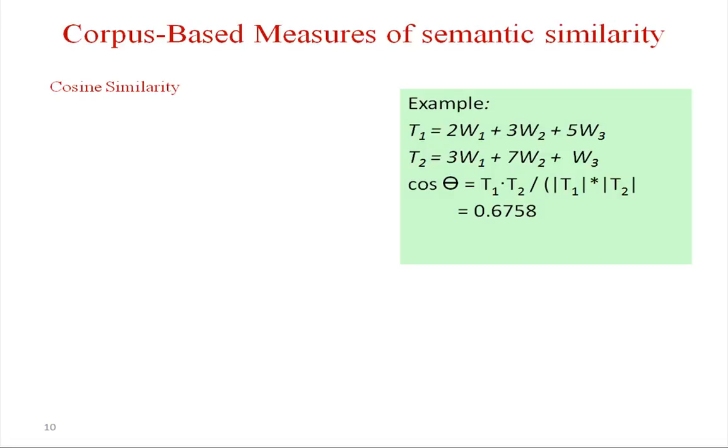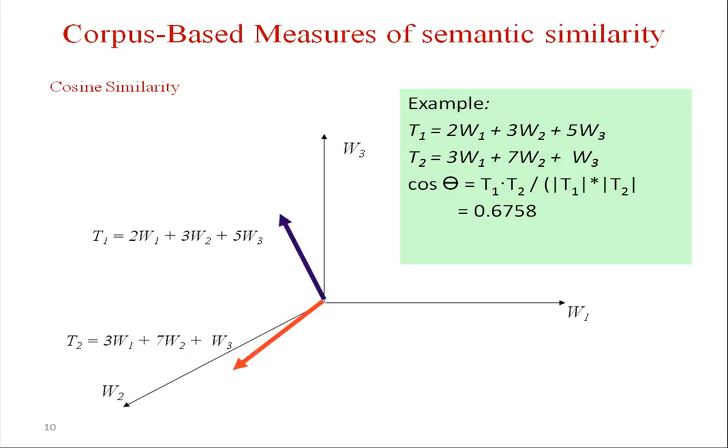Now, another corpus-based measure of semantic similarity, an example that I already discussed, is cosine similarity. How do we calculate the cosine similarity between two terms? Suppose document 1 contains 2 times word 1, 3 times word 2 and 5 times word 3. Document 2 contains 3 times word 1, 7 times word 2 and 1 time word 3. Then how can you calculate cos theta? There are two techniques.